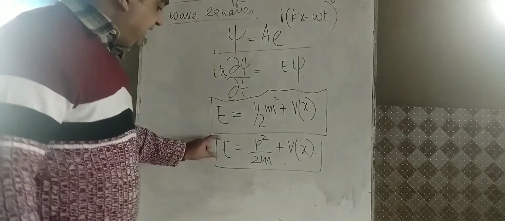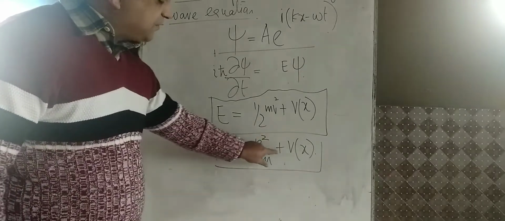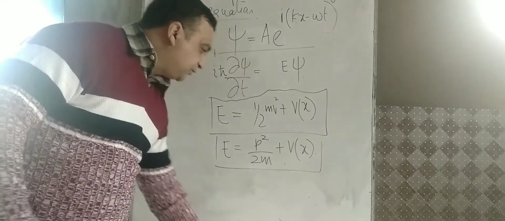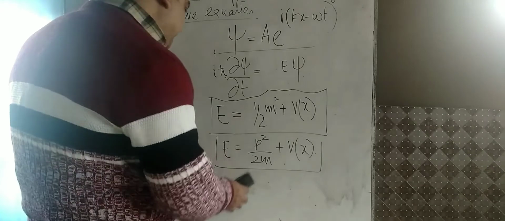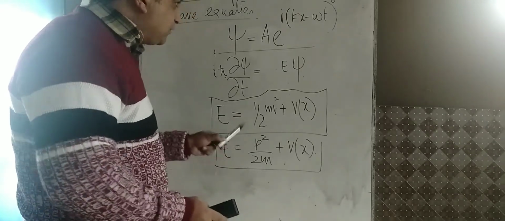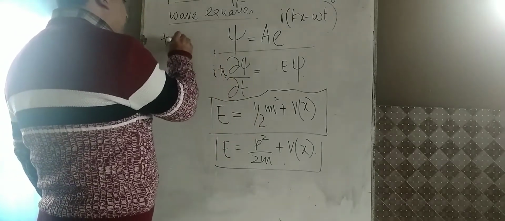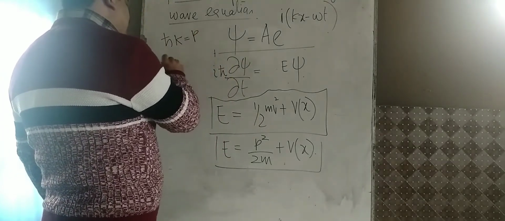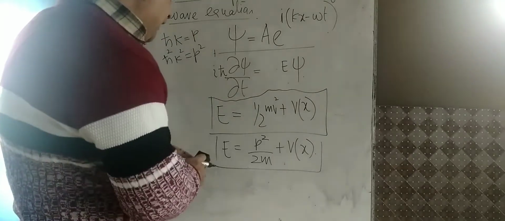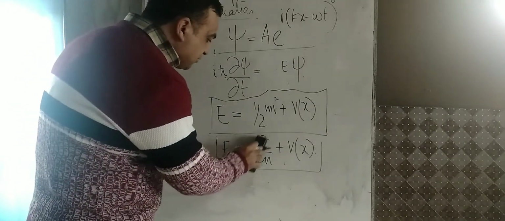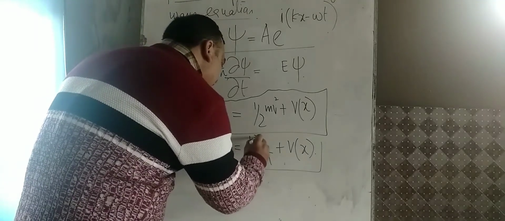So this E is the total energy. P was already evaluated in terms of h bar: h bar k is equal to P, which means h bar square k square must be equal to P square. So instead of P square, I will use h bar square k square.